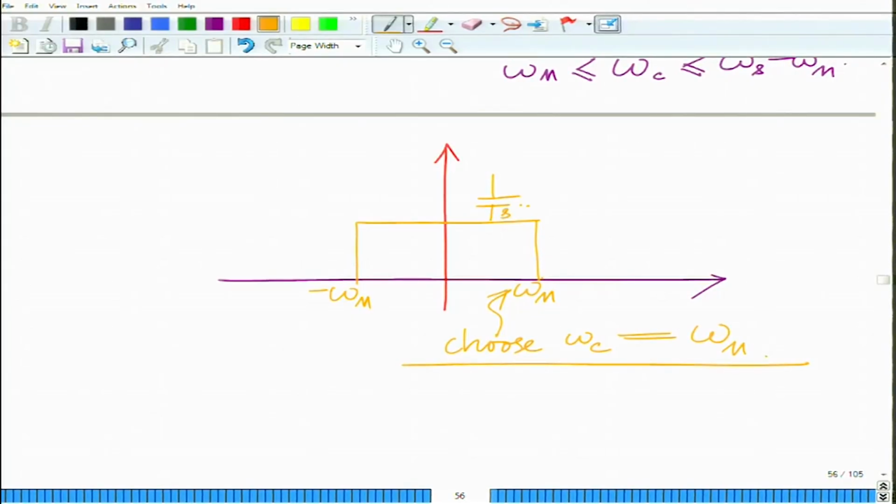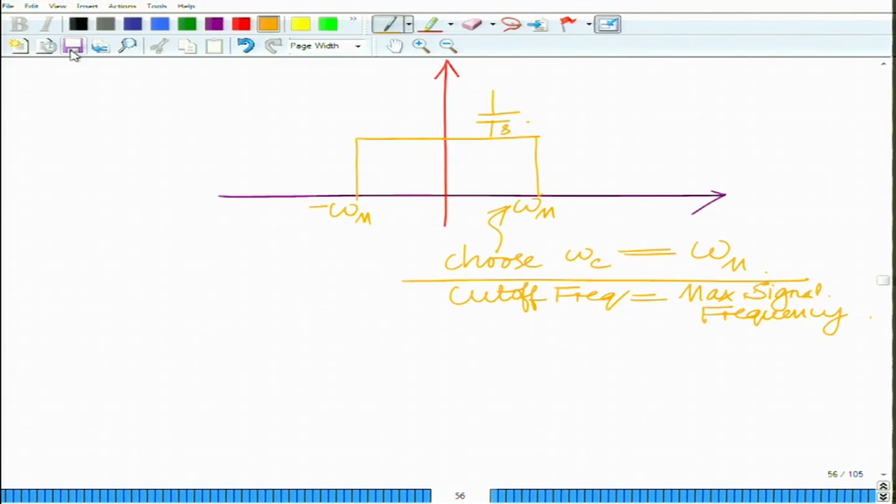So, I am choosing omega c, the cutoff frequency, equal to the maximum message frequency, and gain is 1 over Ts. The cutoff frequency is the maximum frequency of the signal.